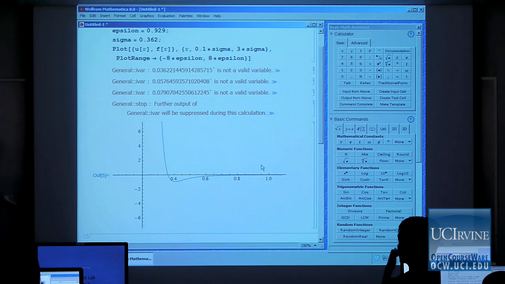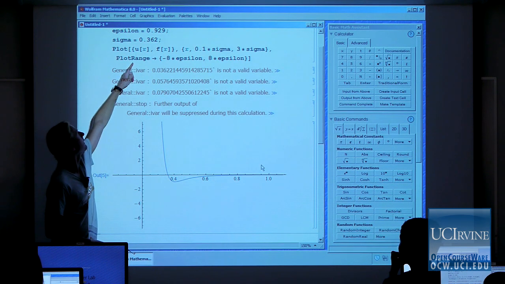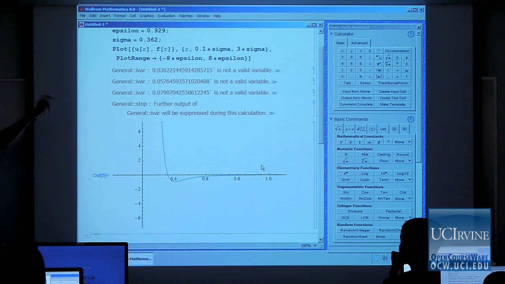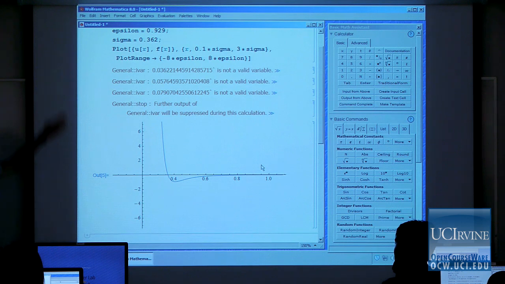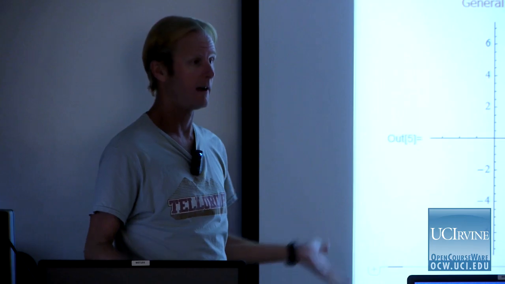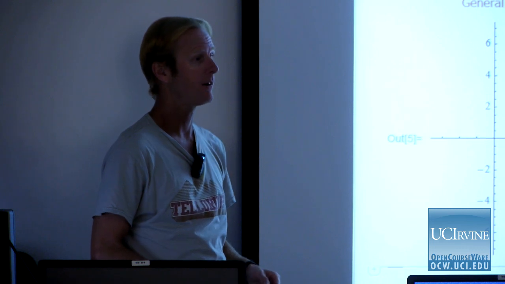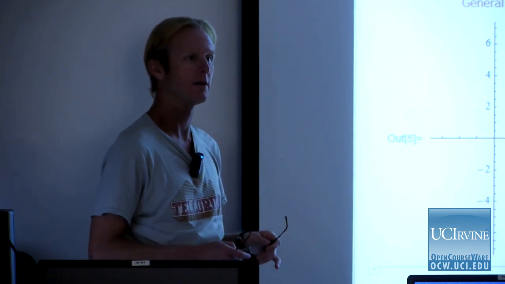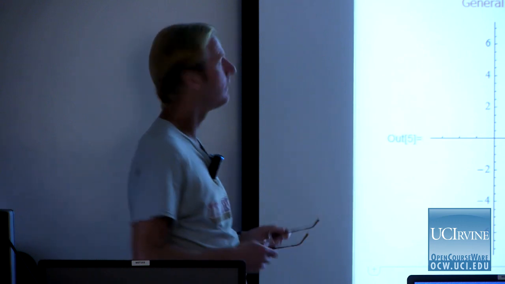Now, the derivative of u is being taken. But when u is in the plot command, numbers are being plugged in. So it's being converted from a formula into a bunch of numbers. And then when we ask for the derivative of that, it's not defined. It's not a proper function anymore. So it's kind of a weird idiosyncrasy about the order in which things are done, or when they're done.